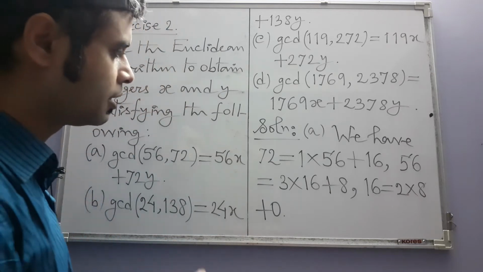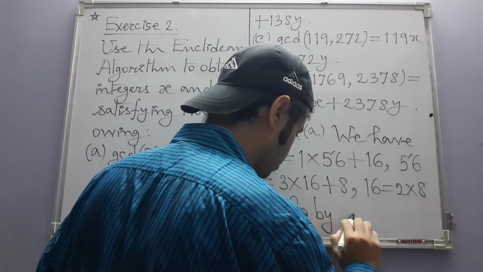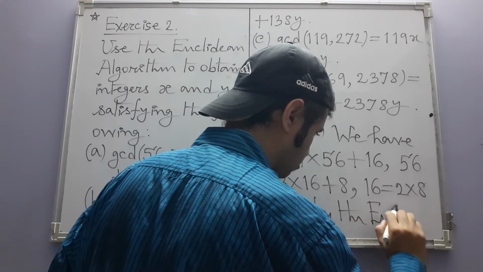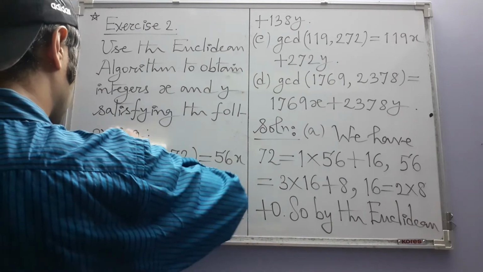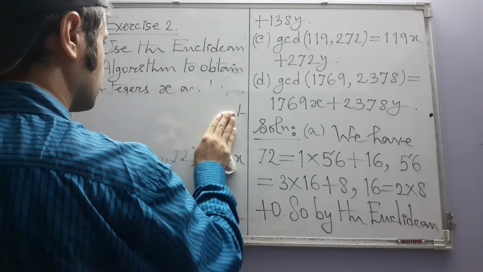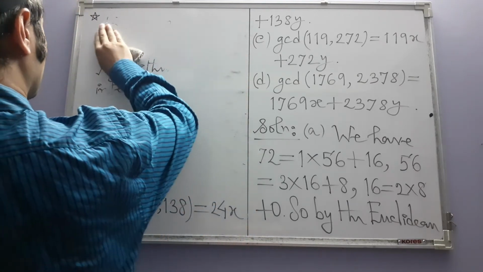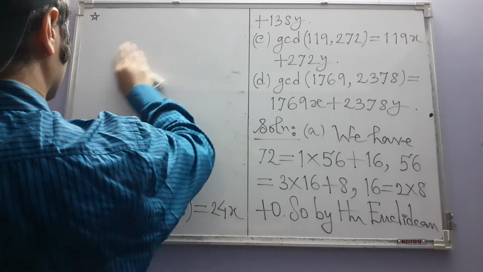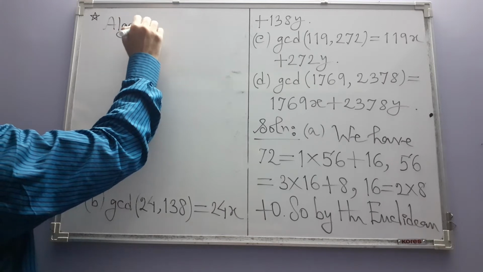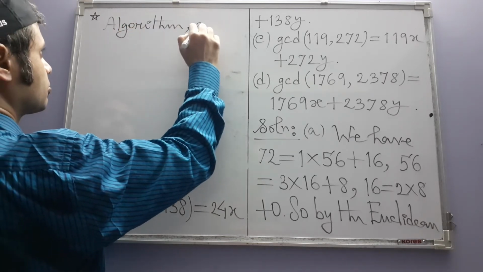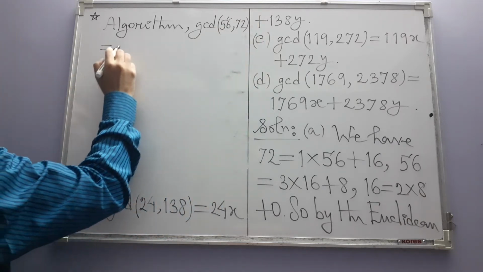So by the Euclidean algorithm, the last non-zero remainder is the GCD, which is 8 in this case. The greatest common divisor of 56 and 72 is 8.